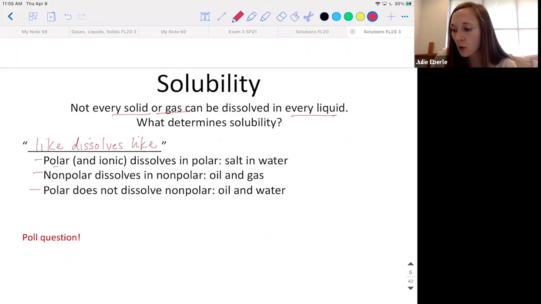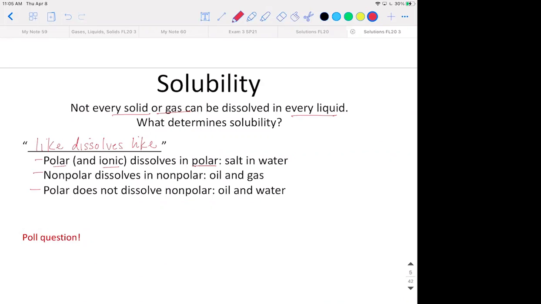When you have polar or ionic solutes, the thing you're dissolving, those will dissolve in polar solvents. Remember, things that are not ionic, so covalently bonded compounds, those are two nonmetals, right? Ionic compounds are a metal and a nonmetal. Remember that.